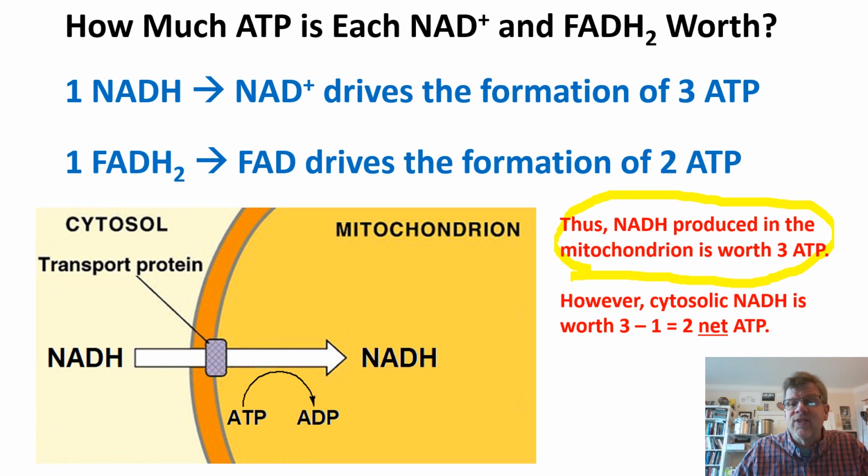However, cytosolic NADH produced in glycolysis is worth 3 ATP, but you have to pay back that 1 just to get in through the door of the mitochondrion. So it's worth 2 net ATP. Let's see how that works out when we're putting together, as I said, a rendering of the number of ATP per an entire 6-carbon glucose molecule.